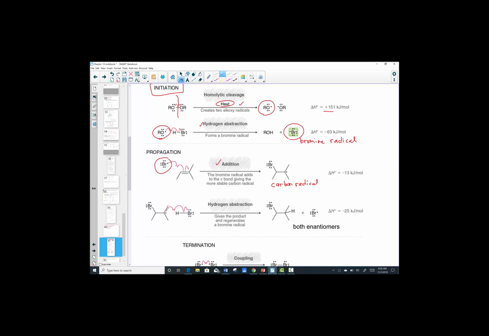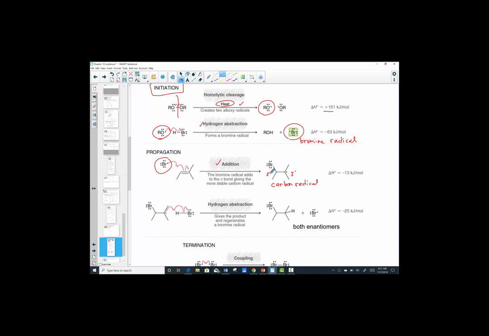The carbon radical, we're going to create the most stable radical, which is this tertiary position. So the lone electron must end up in the tertiary position, making the bromine add on in a secondary position across that alkene bond.